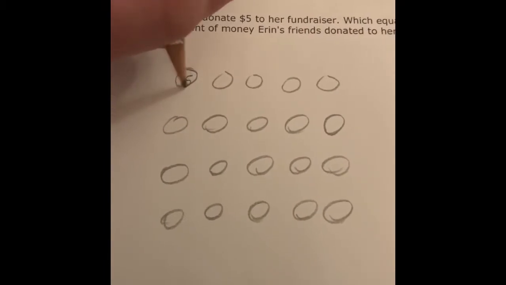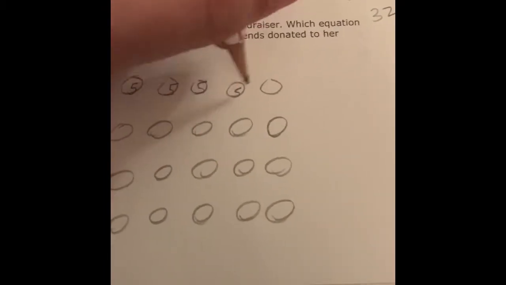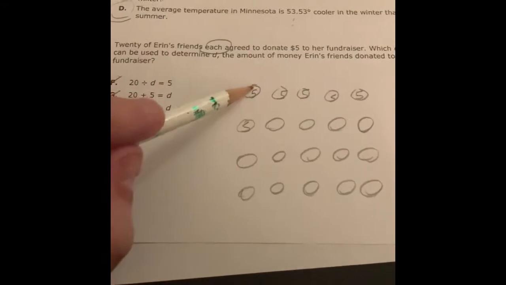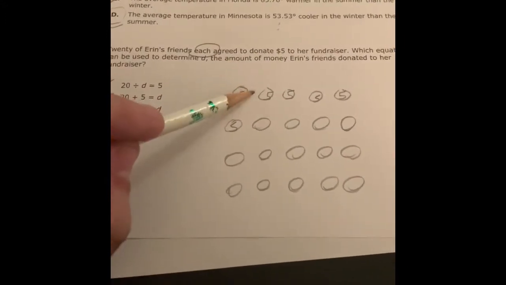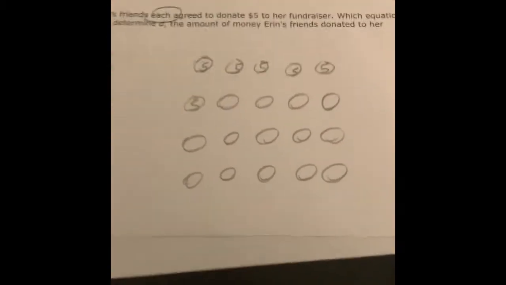So this person donated $5, $5, $5, $5, $5, $5, and so on. So what we see here is we're going to take 5 and add it how many times? We're going to add it 20 times. And if we're adding the same number over and over and over, that is the same as multiplication.